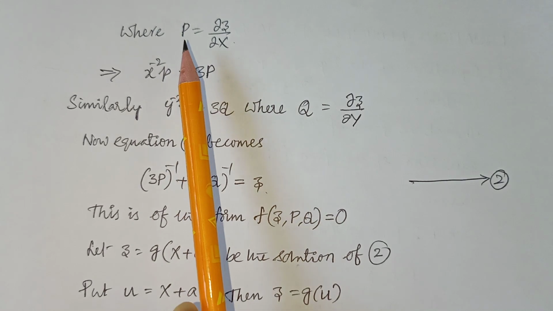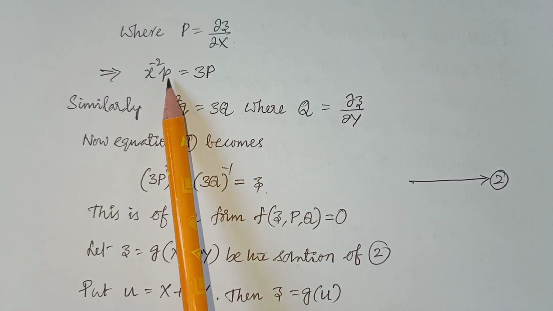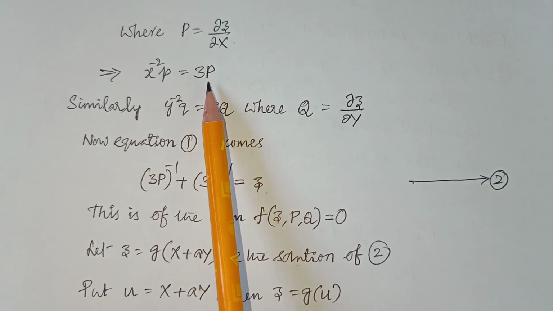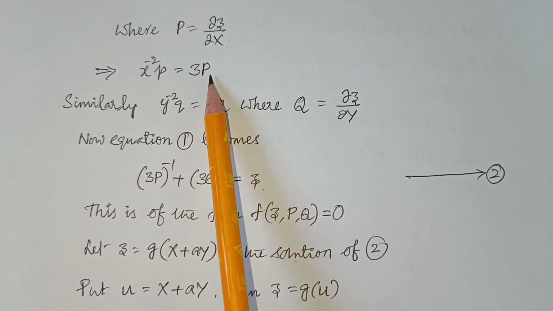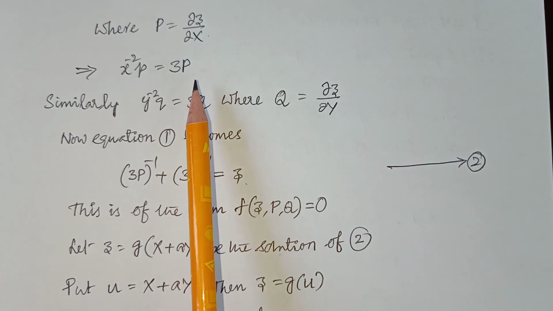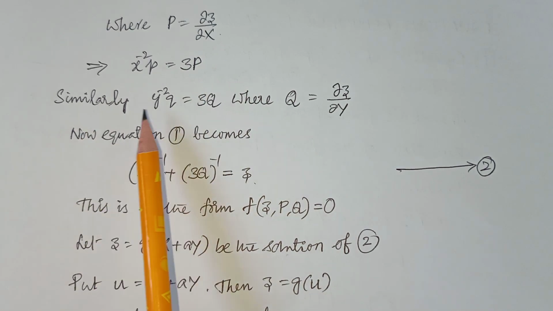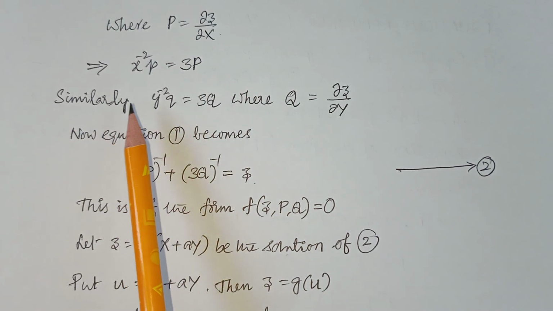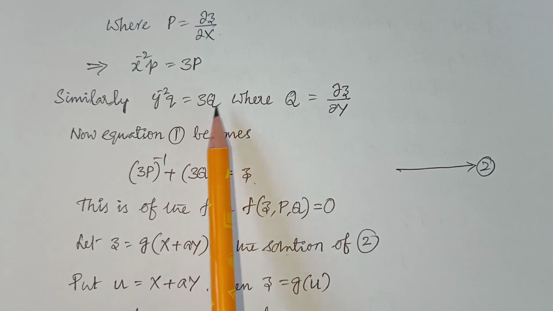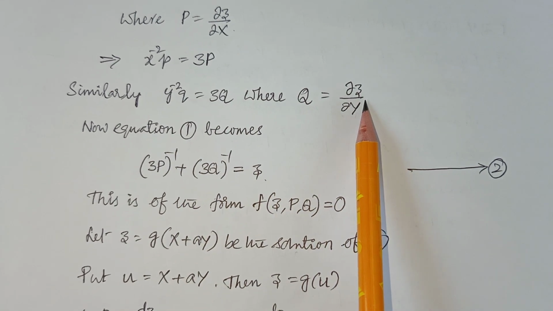Now here you can observe that capital P is equal to dou z by dou capital X. Now x power minus 2 small p is equal to 3 into capital P. Similarly, y power minus 2 q is equal to 3 capital Q, where capital Q is equal to dou z by dou capital Y.